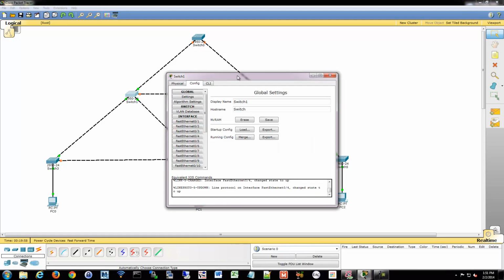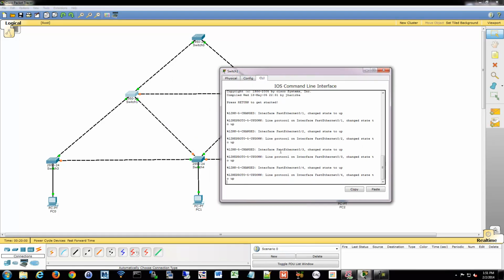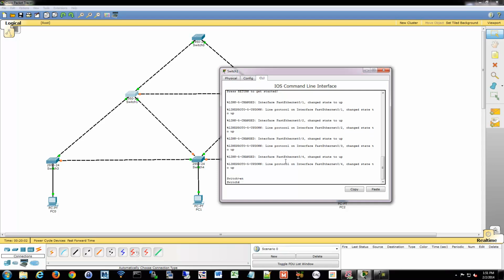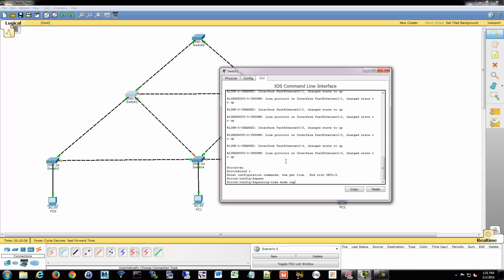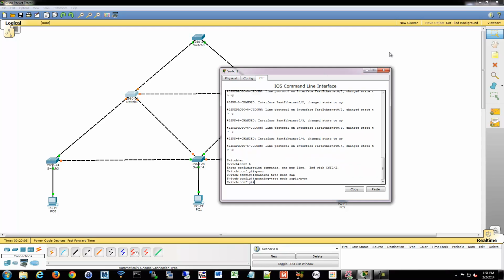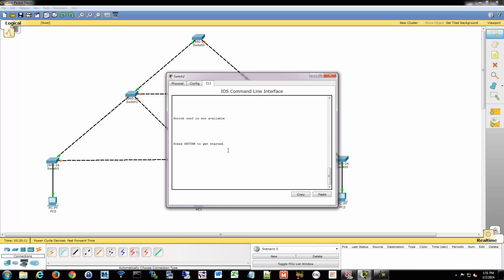reconfiguring things, and we'd have to go in here and set that on our switches.